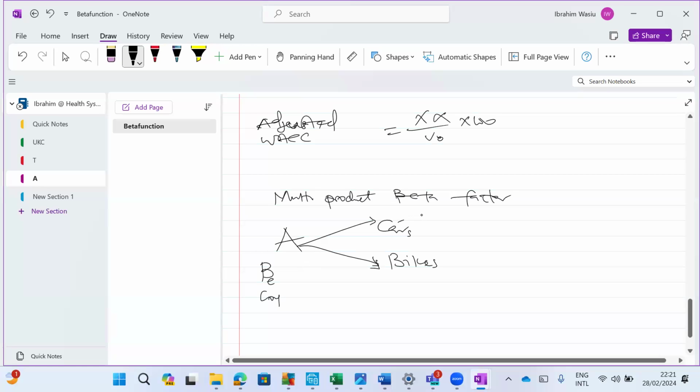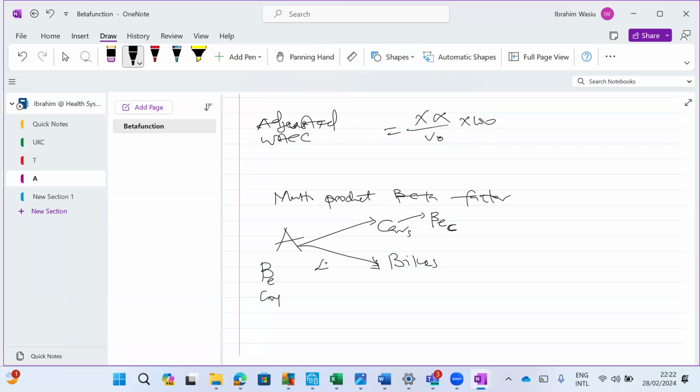The examiner will give you beta equity for cars. Now, the thing is this. When you have this, the examiner will give you the beta equity of one of the 2 products, and the examiner will also give you the percentage invested in each of the 2 businesses.